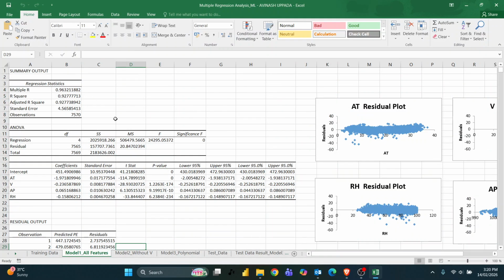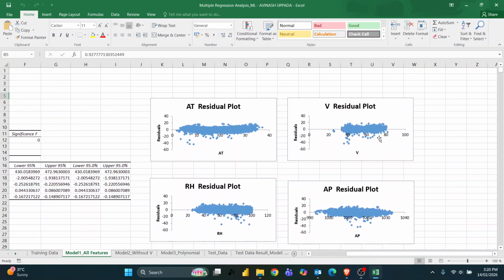If you look at the regression table, R square came out to be 92.77, which is a good model, but in my third model I found an even better solution. Most of the graph plots were good apart from the V variable, where I could see some heteroscedasticity.